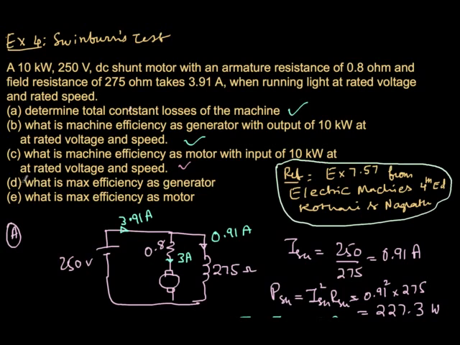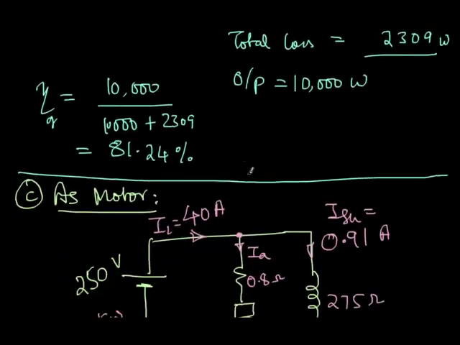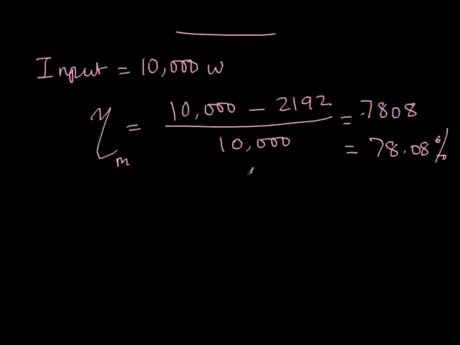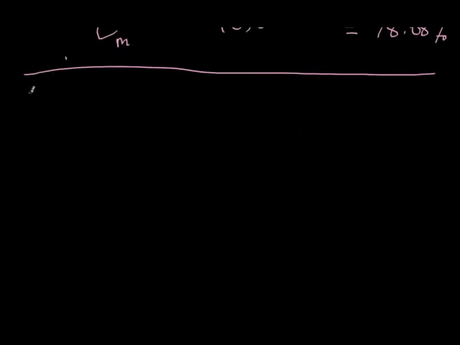Now the next one is, what is the maximum efficiency working as a generator? Alright, so again you can try solving this. So this is the D part of the question. Maximum efficiency as generator.